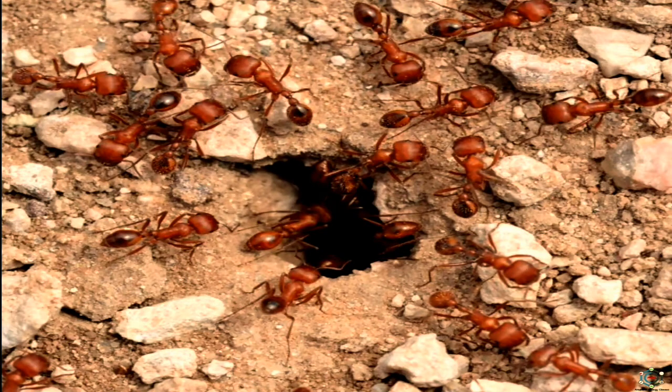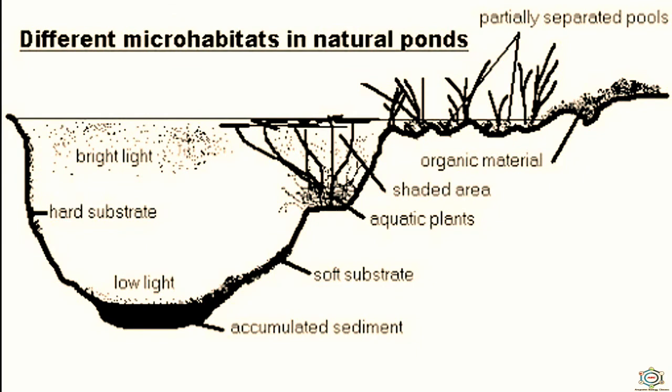Now, if we talk about the microhabitat, a habitat may be divisible into regions having different environmental conditions and different kinds of organisms. Such subdivisions of a habitat are called microhabitats. For example, the muddy bottom and the surface water of a pond, tree canopy and the forest floor, burrows, and the surface in a desert are microhabitats.